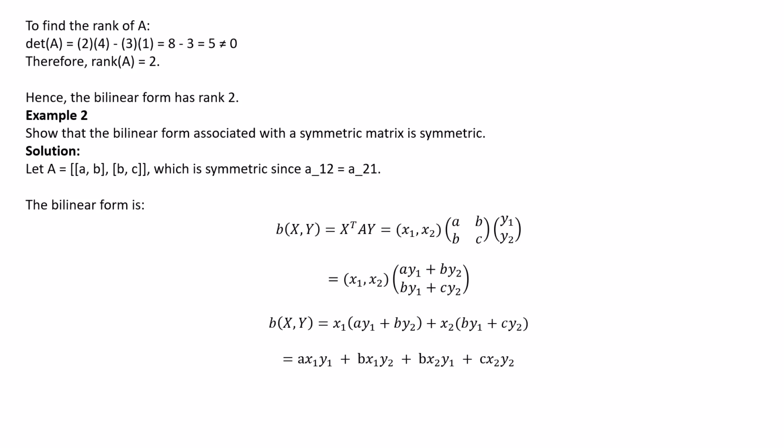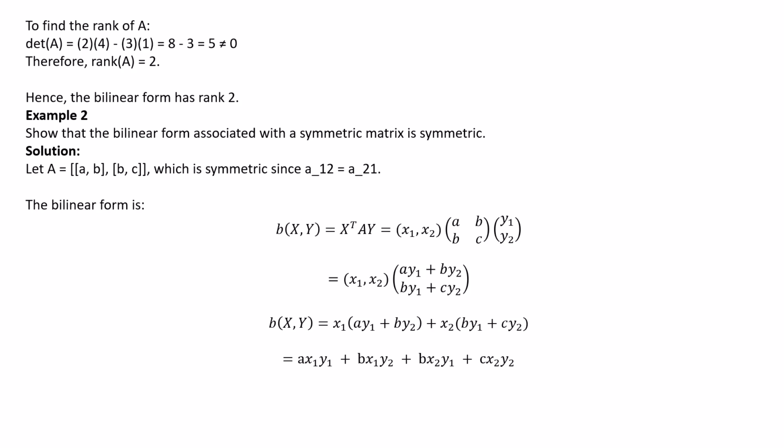The bilinear form is given as B of x, comma y equals x transpose Ay. That is, you transpose your x, which is x1, x2, multiplied by the matrix A, which is A, B and B, C, then multiplied by your y1, y2.